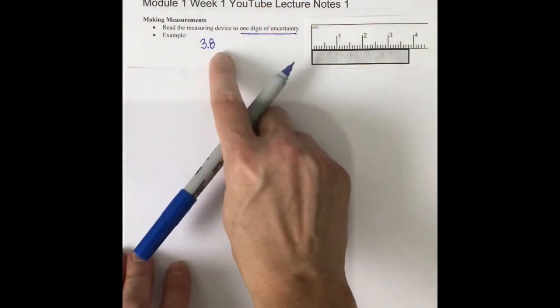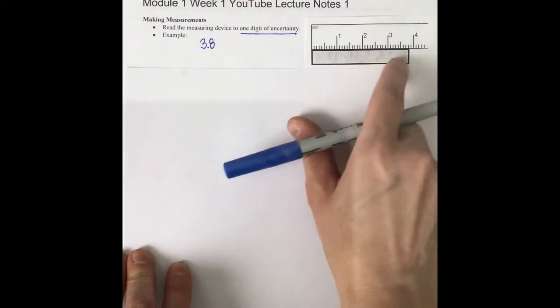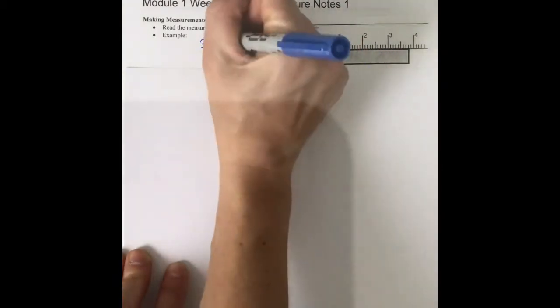So you will have one estimated digit in your answer, and that is left up to you as the scientist. If I looked at this line, I would say it's definitely 3.8, and I'm going to say it's about 3.82 millimeters long.